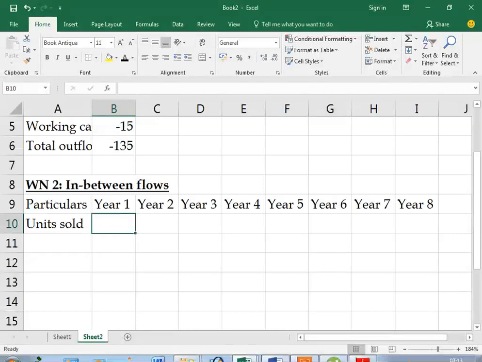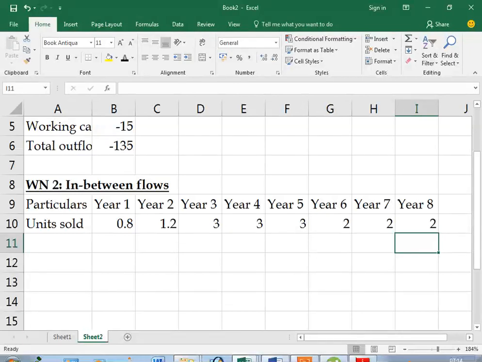That is capacity. What will be the units sold for year 1? 0.8. 80,000 is 0.8 lakhs. 1.2 lakhs. 4 lakhs is the capacity.